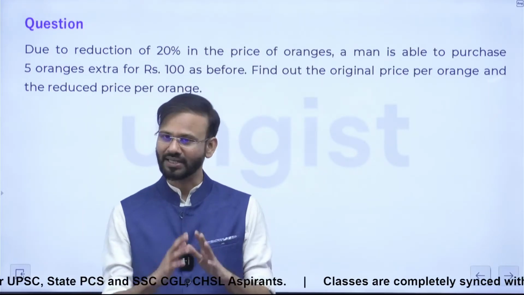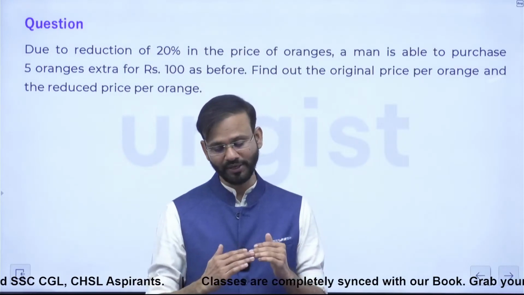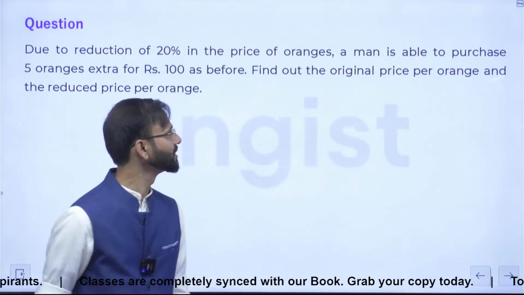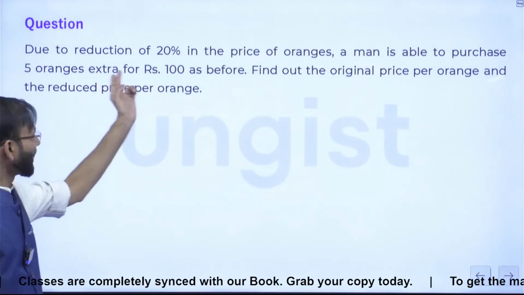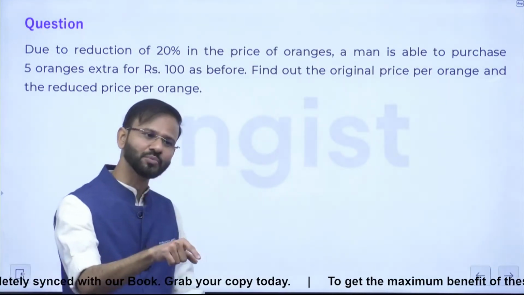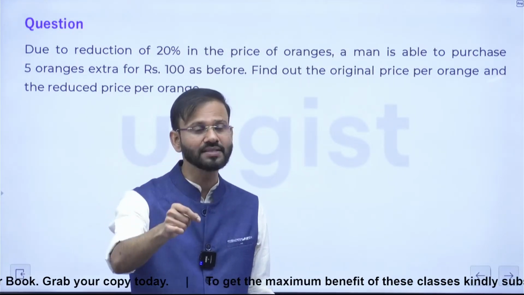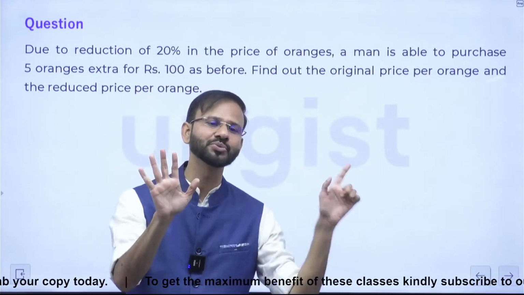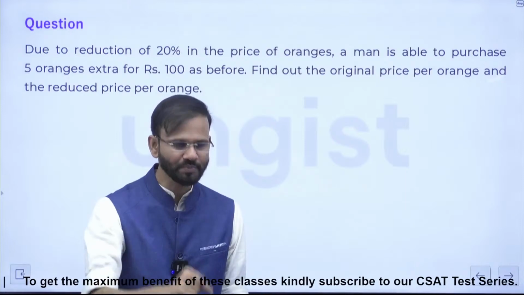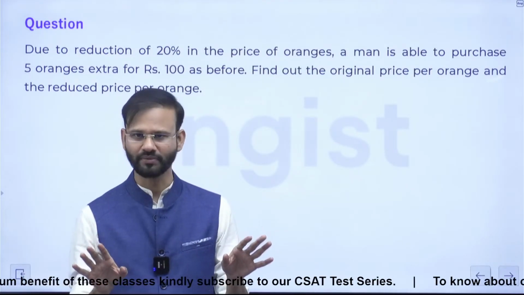Right? But if you are still paying rupees 100, which means you are paying 20 rupees more, right? And for that 20 rupees more, how many extra oranges are you getting? For 20 rupees more, you are getting 5 more oranges. So guys, today's price is 5 oranges for rupees 20. Then 1 orange is for 4. So the reduced price is 4 rupees per orange. Guys, it is clear, right?